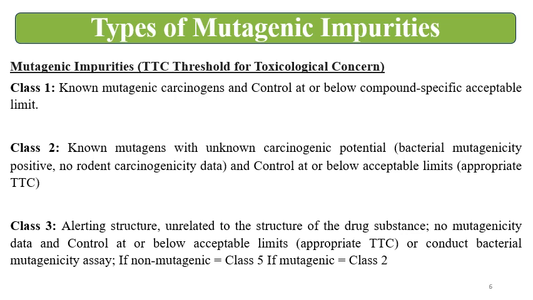Now if this class 3 impurity is non-mutagenic, then it will go to class 5, and if it is mutagenic, it will go to class 2. If it is going to class 2, then it is required to be controlled at or below the acceptable TTC. And if it is going to the non-mutagenic category, class 5, then it will be treated as a non-mutagenic impurity.